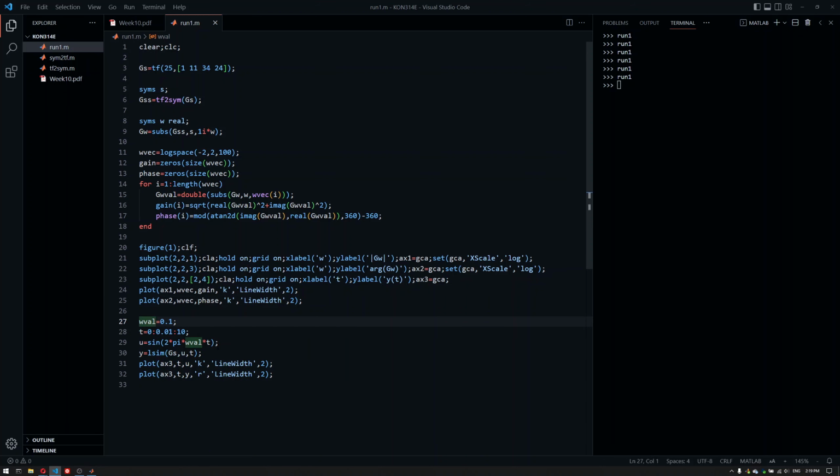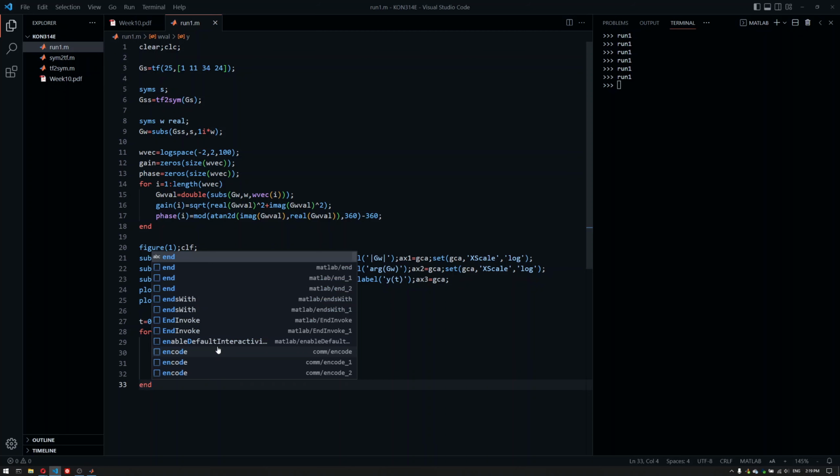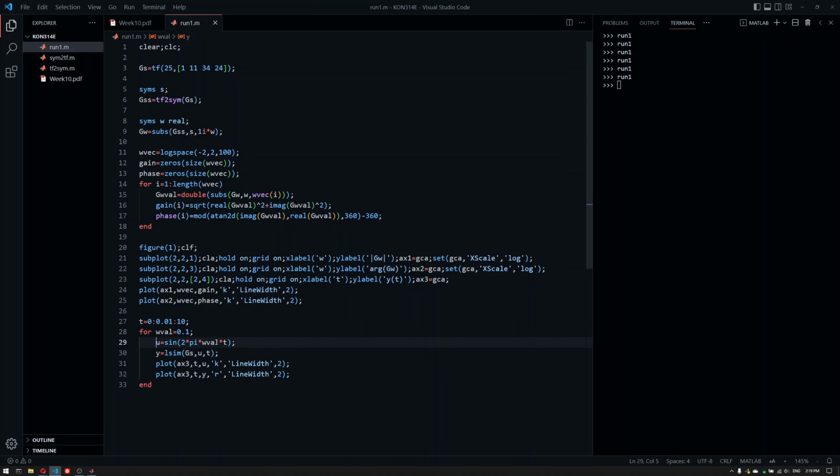In fact, what I can do is for omega val, I would assume that the time one should be enough. Yeah, let's do it like that. We have different inputs for omega val in a vector of 0.1 and maybe 10. We're going to do this, simulate that, and have that.